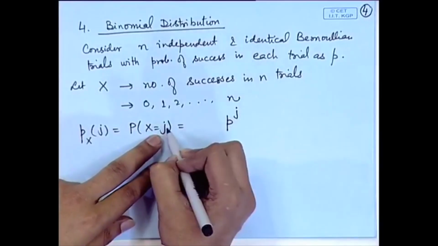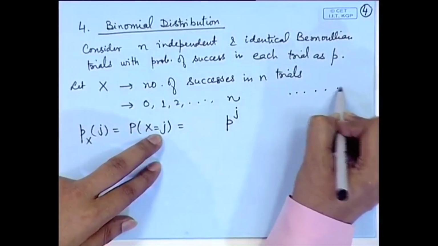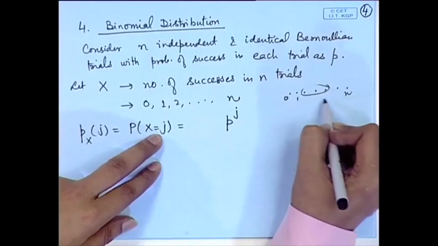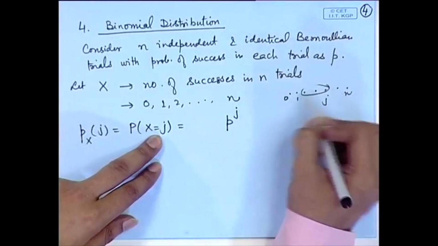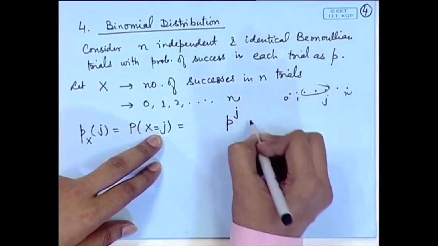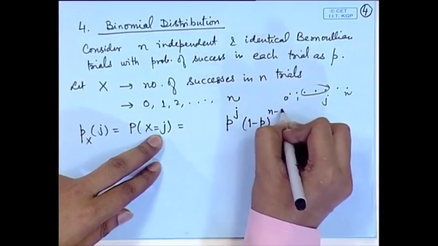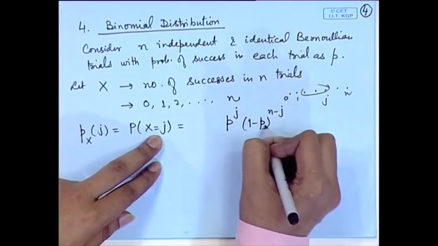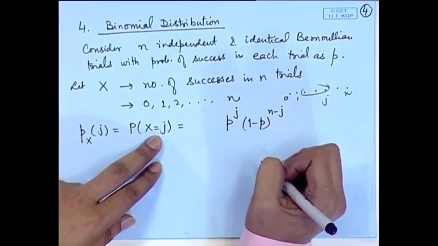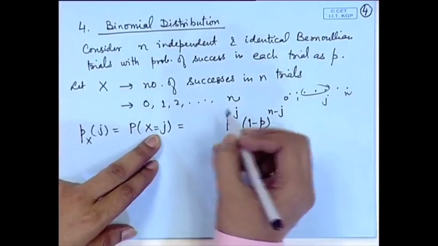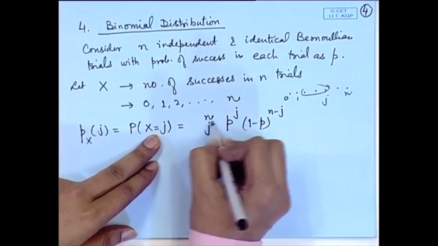Now, it is obvious that if we are looking at a total of n trials and we are fixing j of these trials as successes, then the remaining n minus j must be failures. The probability of a failure is 1 minus p. Therefore, the probability of n minus j failures will be 1 minus p to the power n minus j. Now, out of these n trials, these j trials can be selected in n c j possible ways.